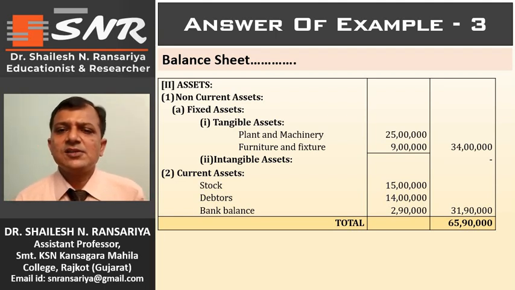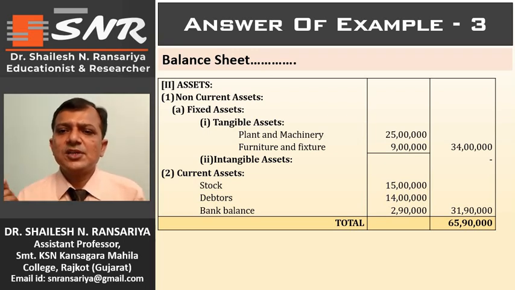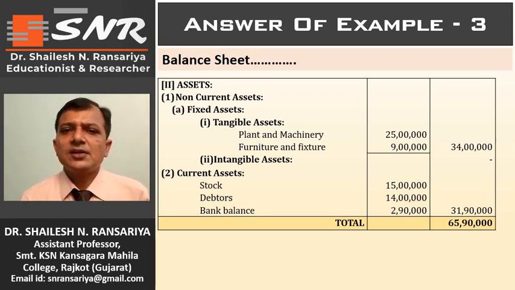Total tangible assets 34 lakhs. Intangible assets in this example is not given, so dash. Next, current assets. In this example, 3 current assets are given. First, stock 15 lakhs, debtors 14 lakhs, bank balance.